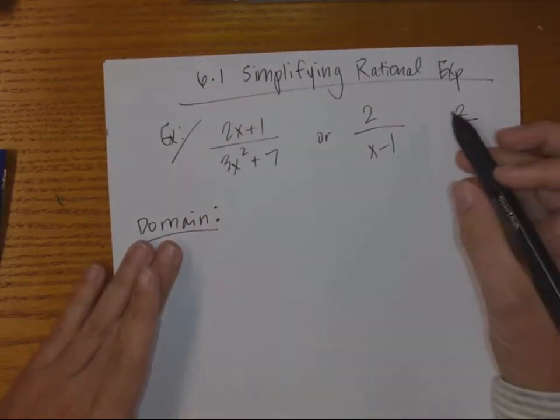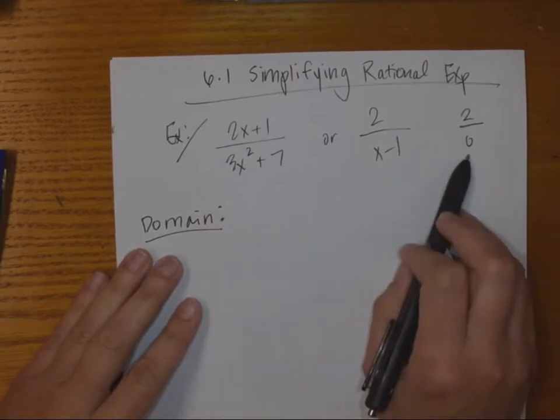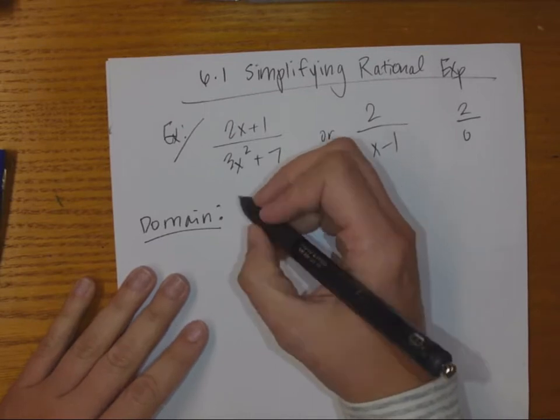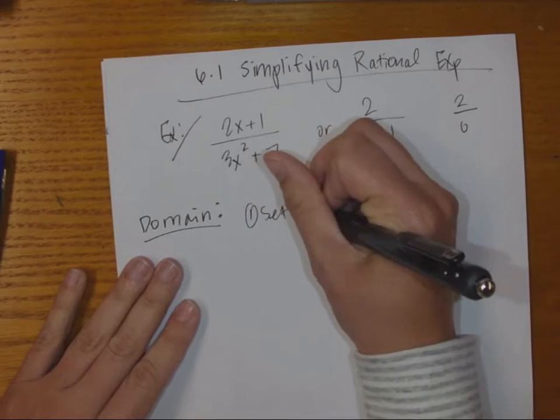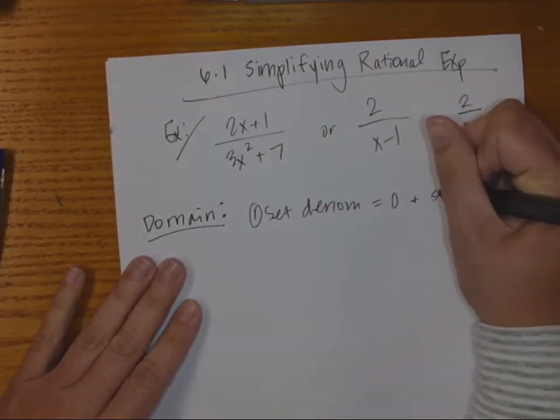Okay, so because of that, my domain, I can plug in any number except for the number that gives me 0 in that problem. You can write it a couple of different ways. Basically, the way you find the domain is you set the denominator, the bottom, equal to 0 and solve it.